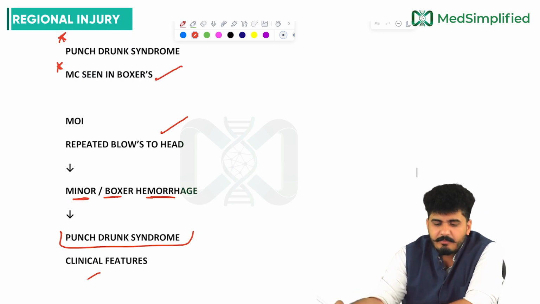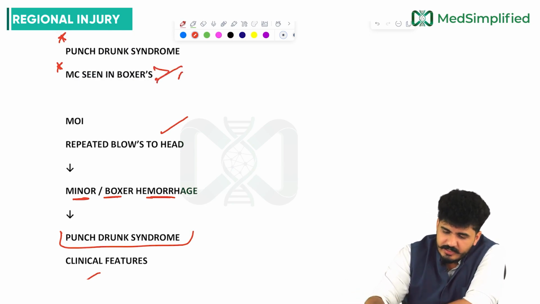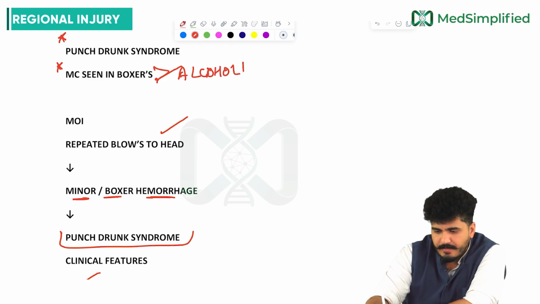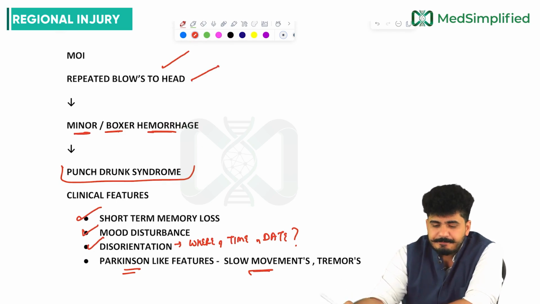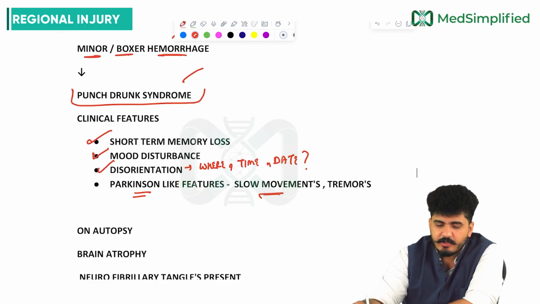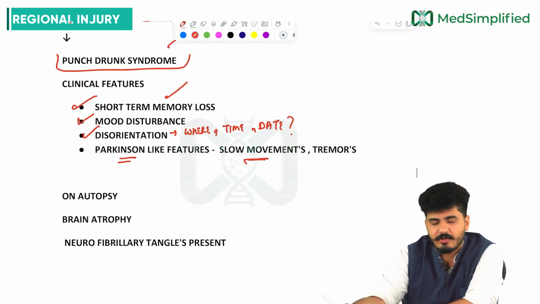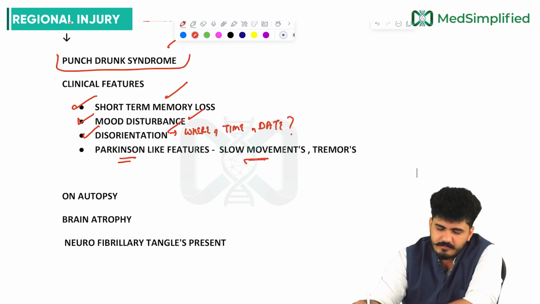Most commonly seen in boxers, also seen in alcoholics. Repeated blows to the head, minor boxer's hemorrhage will be there. Clinical features: short-term memory loss, mood disturbance, disorientation, Parkinson-like features, slow movement and tremors.